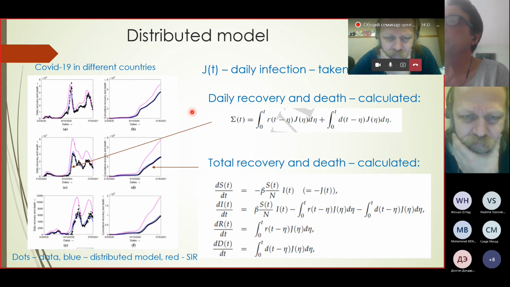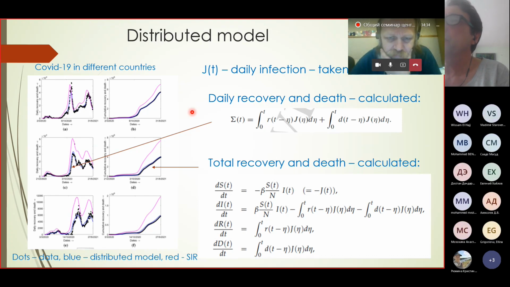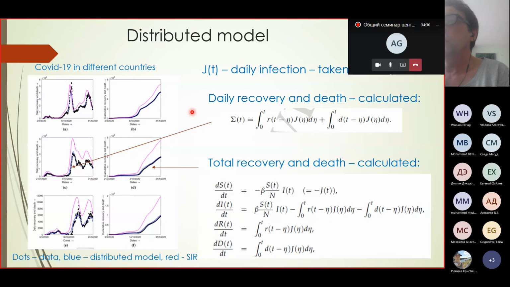Yes, I understand your question. These data are available in the literature. The form of these kernels we used here was obtained, as far as I remember, for different countries. Truly speaking, I don't remember.